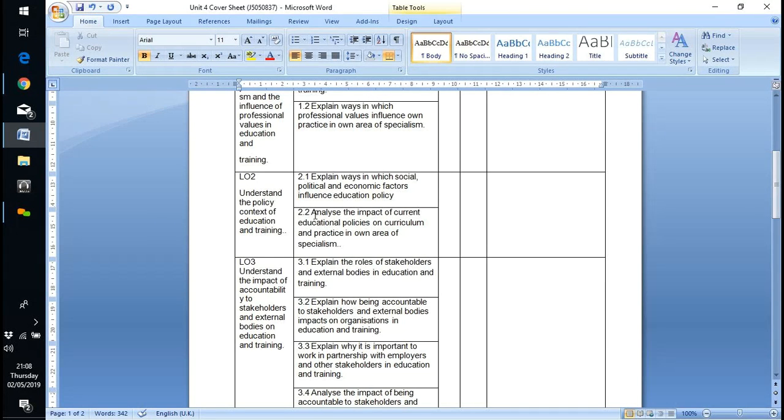And then the second bit is an analysis on the impact of those educational policies on curriculum and practice in your own area of specialism. So it's giving you a fairly free hand to express your views and say what your feelings are about all these factors that affect how you actually work.